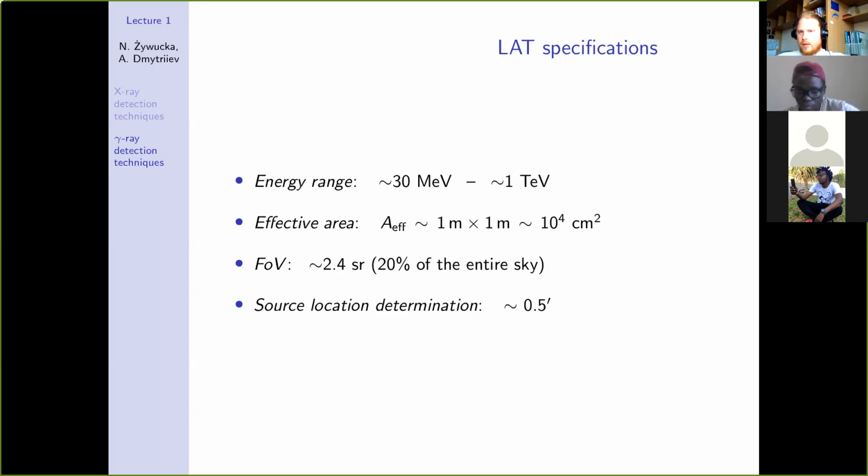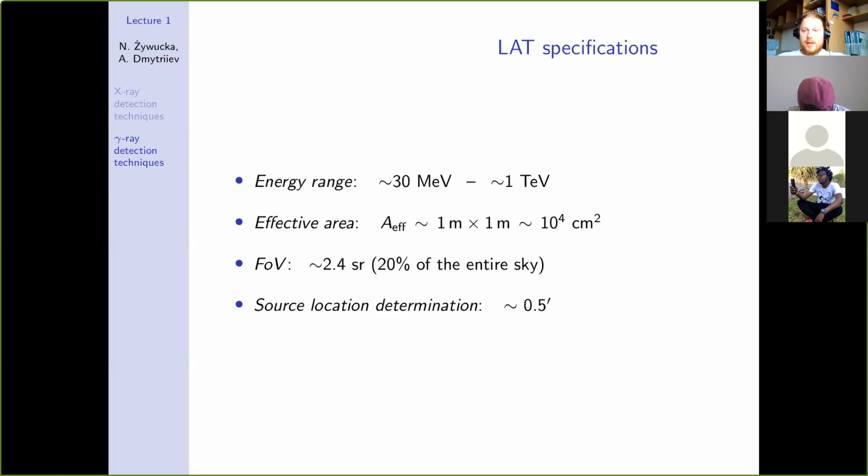For instance, for the Crab nebula, you will need something like 10^4 square meters of collecting area in order to detect only a few photons per month. And it's very difficult to launch something that big in space.